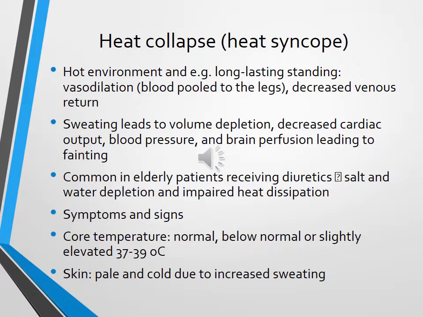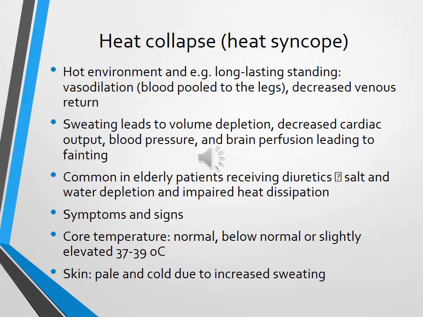You end up with vasodilation, the blood pools in the legs, and then you have a decreased venous return. Sweating leads to volume depletion. You have decreased cardiac output, blood pressure, and brain perfusion, which can lead to fainting. It's common in elderly patients receiving diuretics, and salt and water depletion, and impaired heat dissipation.